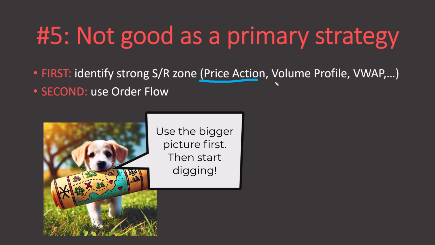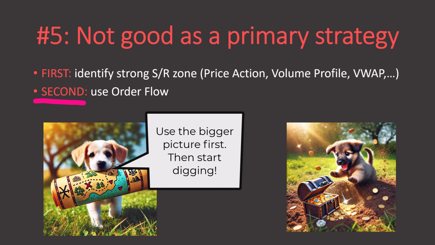Could be price action, volume profile, VWAP, or some other trading strategy which will show you where big supports or resistances are. So after you identify those key zones, then you use order flow, but only as a secondary strategy.